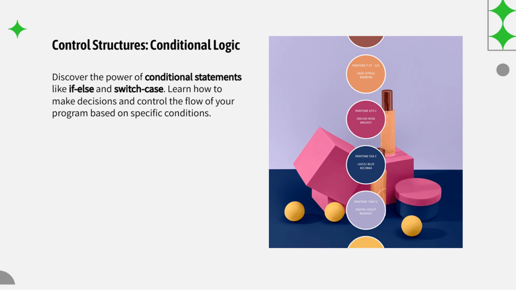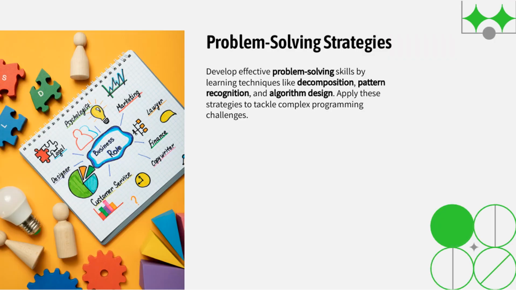Loops allow you to repeat actions, while conditionals let you make decisions based on certain conditions. Functions or methods are blocks of code that perform specific tasks and can be reused throughout your program. Using functions helps you keep your code organized and efficient.